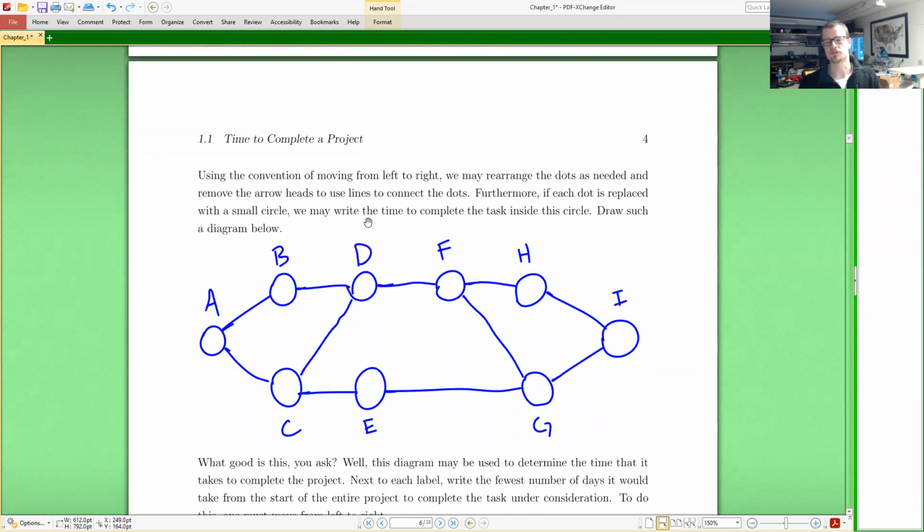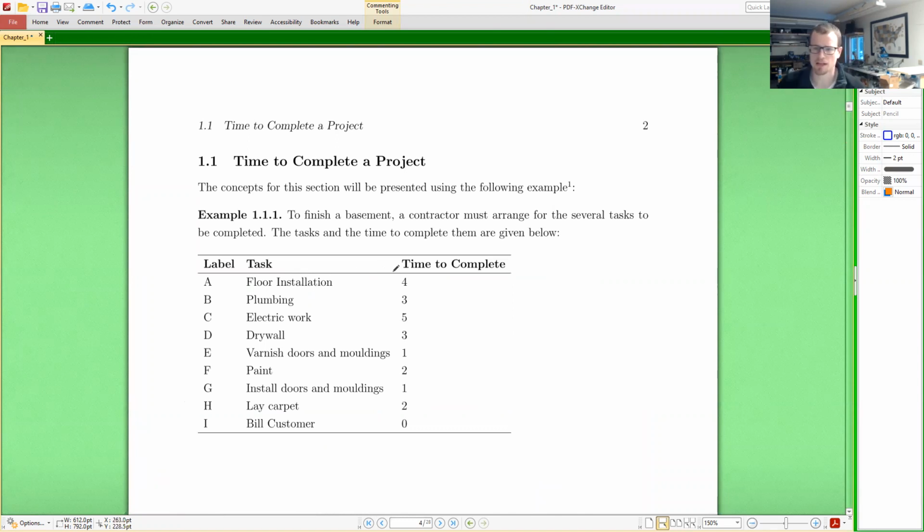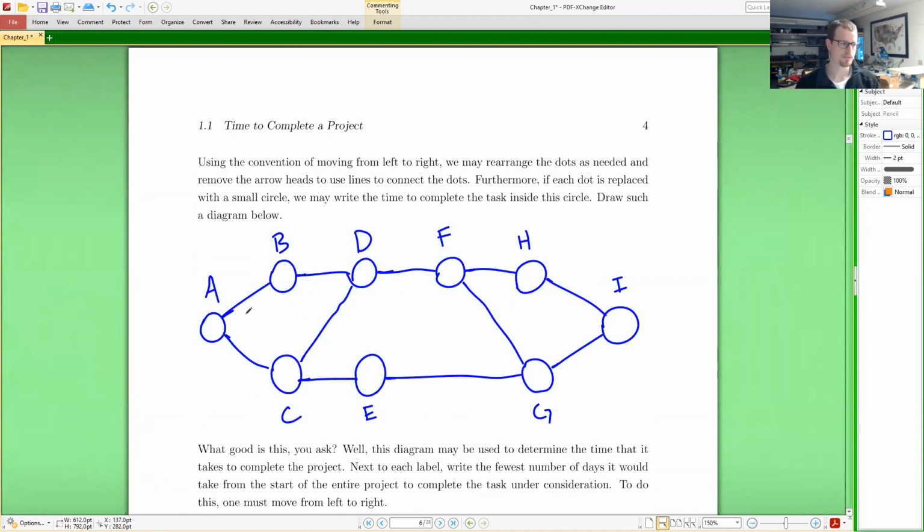With the arrowheads removed and bubbles made for the time that it takes to complete each task. So I'm going to scroll back like this. There we go. A is 4, B is 3, C is 5, and so on. I'm copying all of these down inside of these circles.